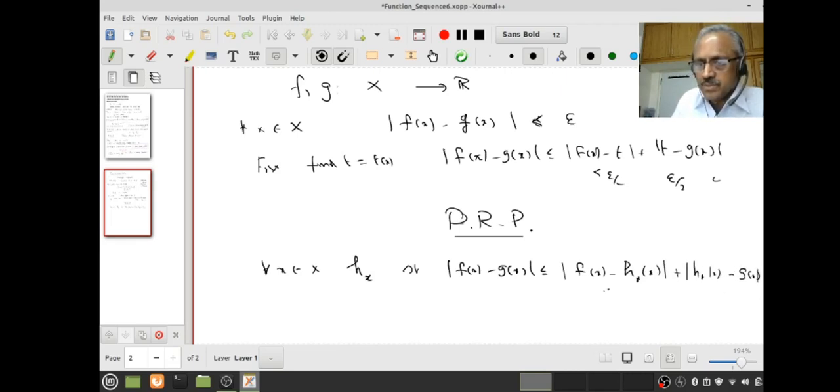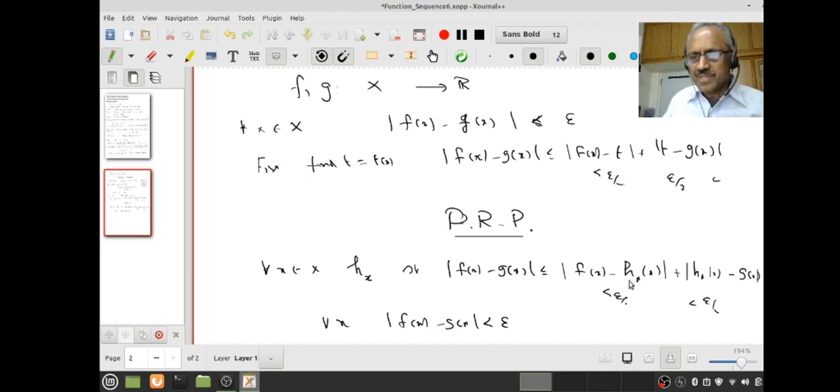And suppose I know this is less than epsilon by 2 and this is less than epsilon by 2, then I know mod f of x minus g of x is less than epsilon. And this I can do for each and every x. So what do you think I have proved? I have proved that for all x, mod f of x minus g of x is less than epsilon. Do you understand?